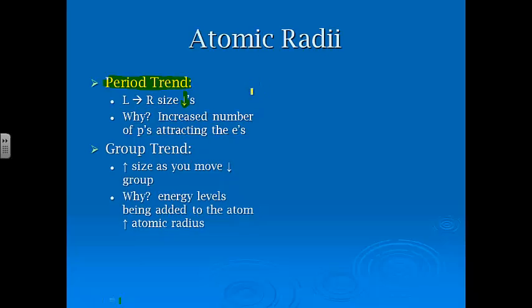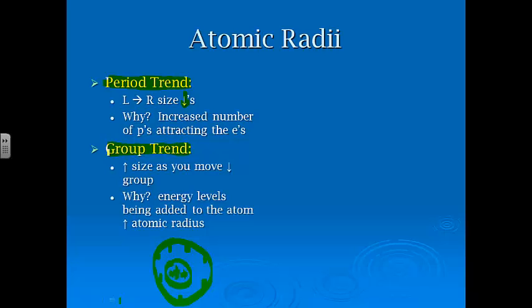If we go back to Bohr's simplified shell model, when we're adding electrons in the second main energy level, if this is n equals 1, this is n equals 2, every time we add another electron in that second main energy level, 1, 2, 3, 4, 5, 6, 7, we keep adding those protons in the middle. And they're being added at the same distance. So every time you add a proton, it can pull all those electrons in just a little bit closer.